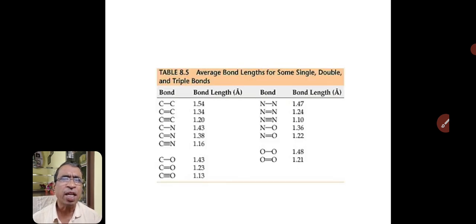This is also a table that shows the single bond, double bond and triple bond, and their bond lengths. It says a single bond between two atoms has the greater bond length, a double bond has a shorter bond length, and a triple bond has a still shorter bond length.